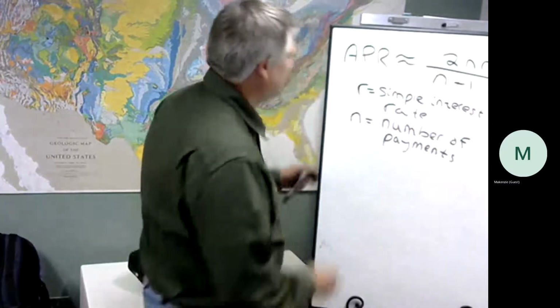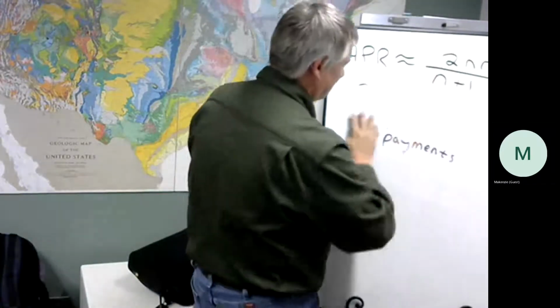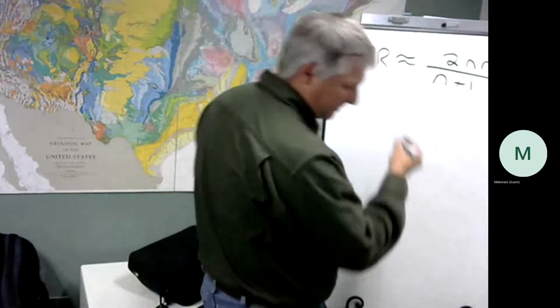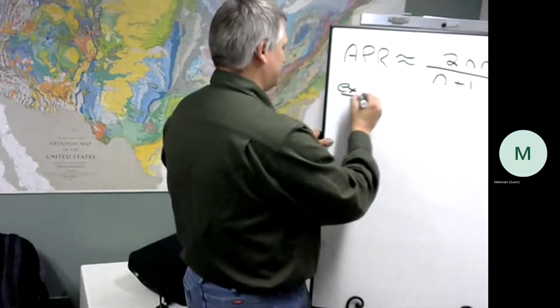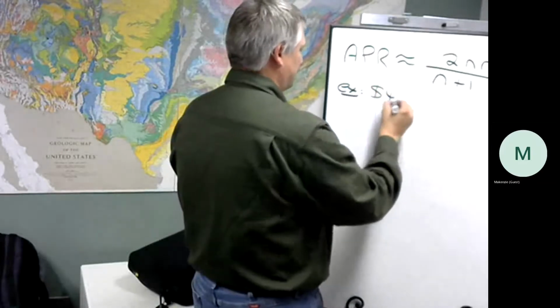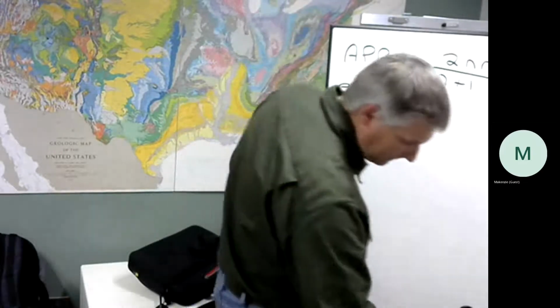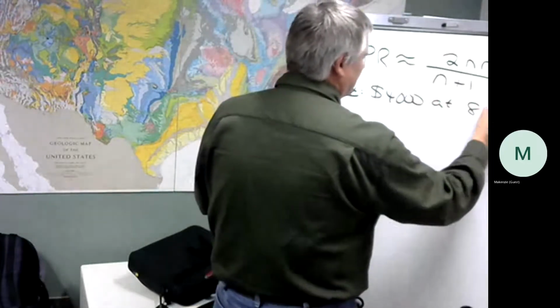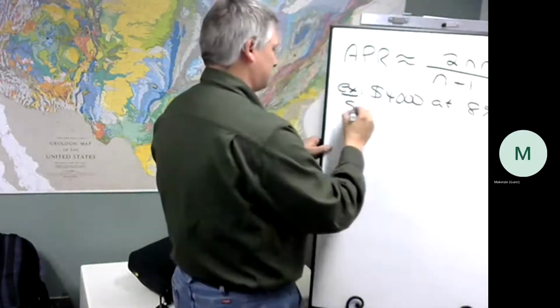So let's say someone borrows $4,000 at 8%, and they're going to tell you it's simple interest.